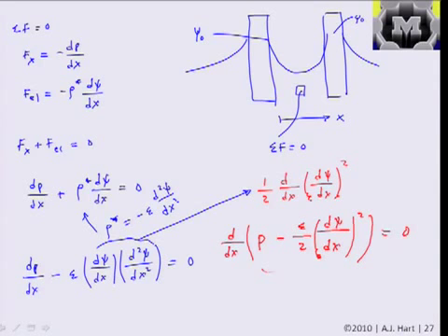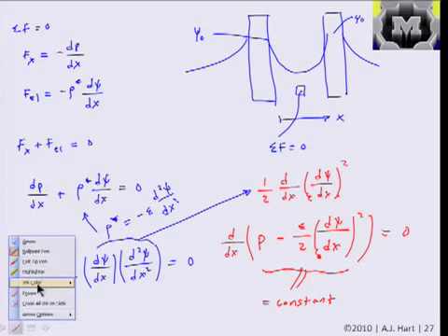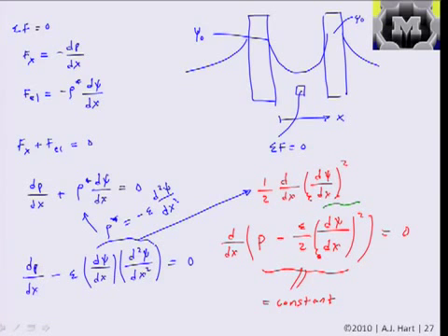And if this is equal to 0, then the term in the center here is equal to a constant. And the term here on the right is what's called the Maxwell pressure. And it's basically the contribution to the pressure from the electric field.